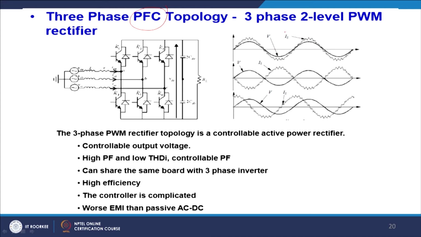And this is the Is, and you can see that this kind of ripple switching has to be done in that pattern. So, the 3 phase PWM rectifier topology is a controllable active power rectifier, once you flow power from this point to this point.